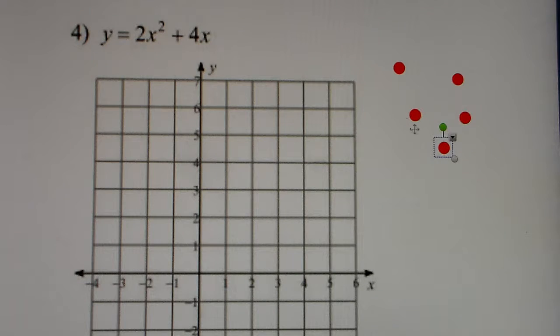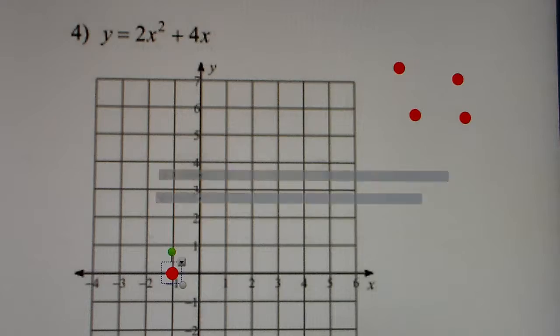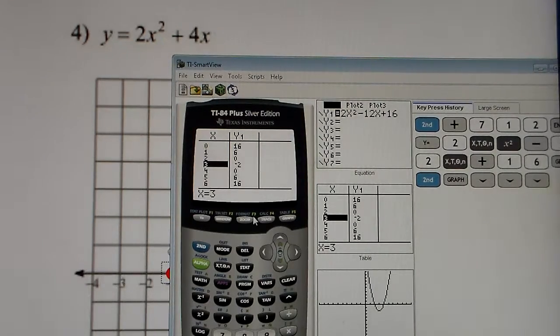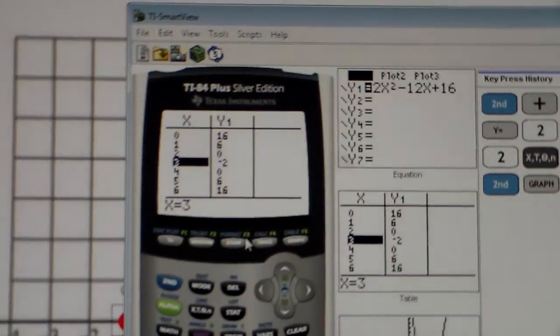So our first coordinate is going to be at negative 1 at some value up and down. So our vertex is going to be somewhere along the x equals negative 1 line. To find out exactly where it is, we use our graphing calculator. We'll zoom back in.